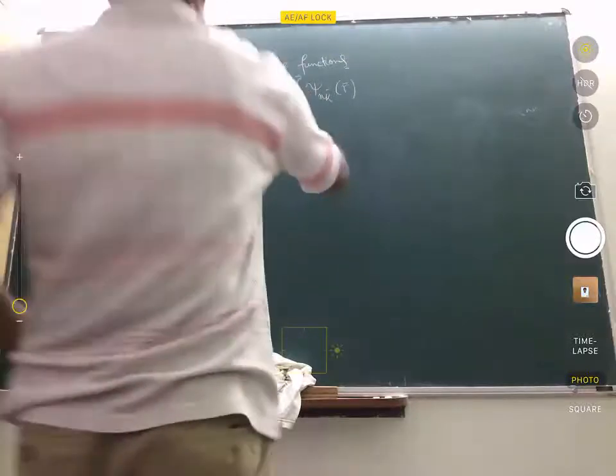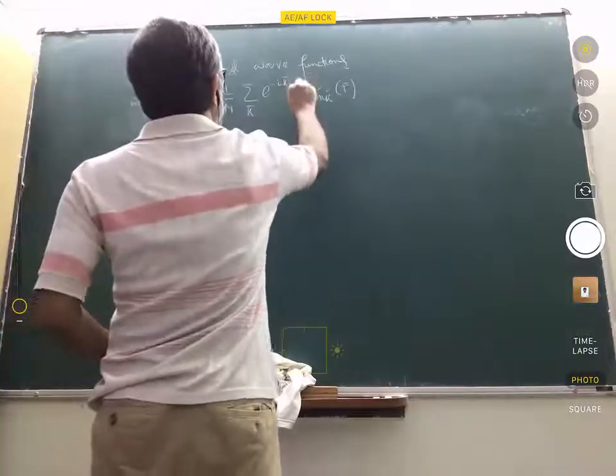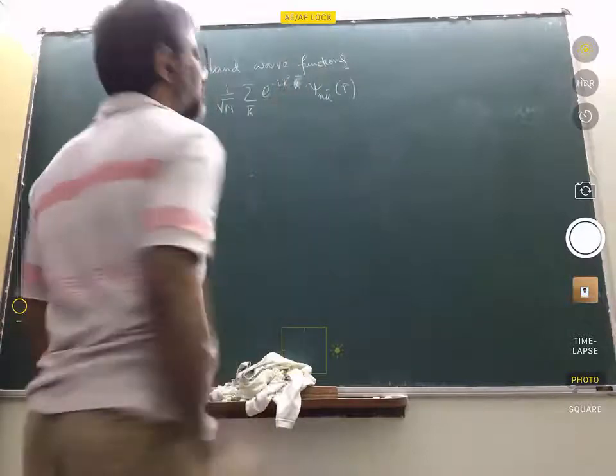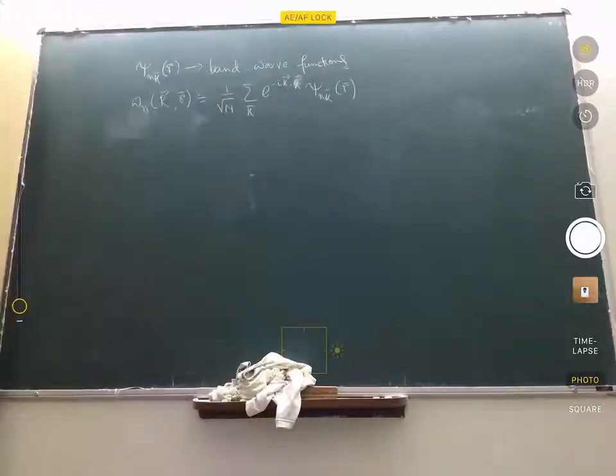Sorry, this is a function of R. So this would give you a wave function that is localized at the lattice site capital R. So basically you are doing a transform of the band wave function psi nk.